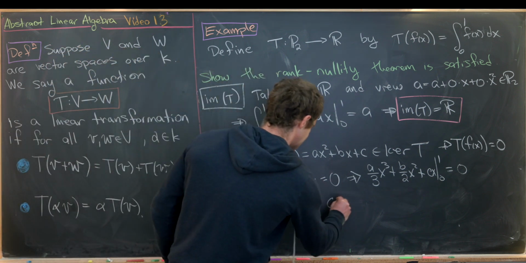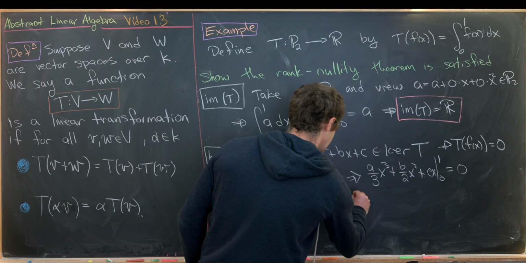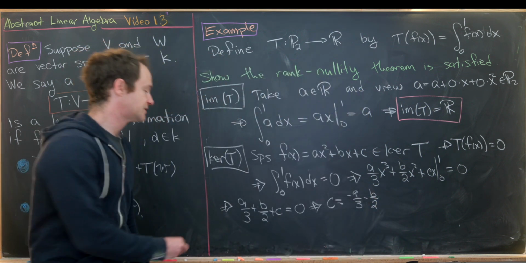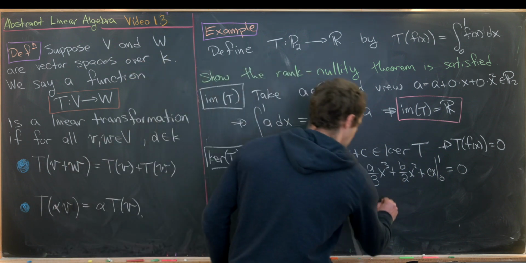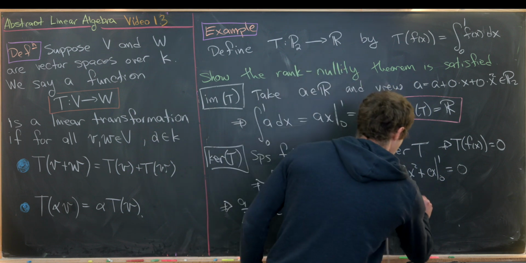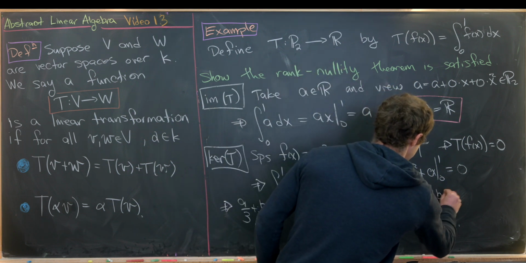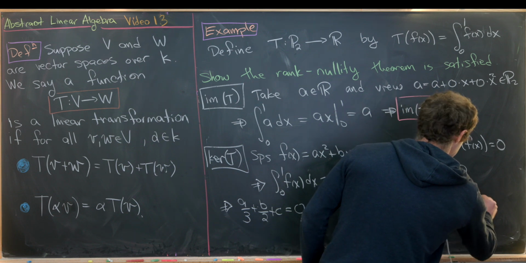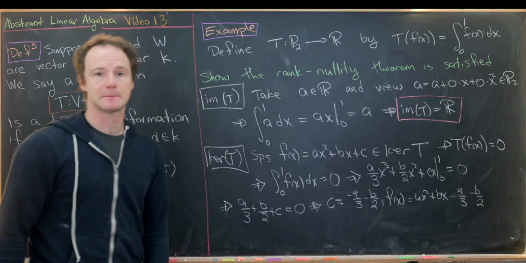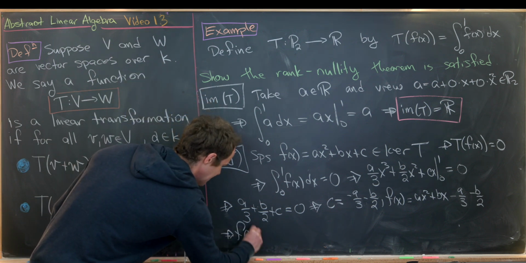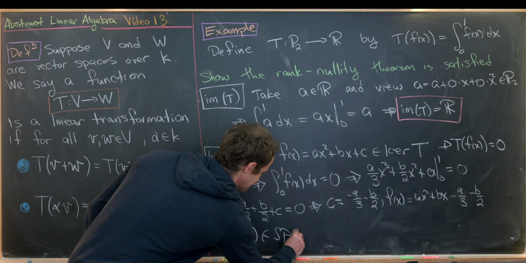Namely, we see that c is equal to minus a over 3 minus b over 2. So that means f of x has the following form. f of x is of the form, let's see, ax squared plus bx, and then minus a over 3 minus b over 2.